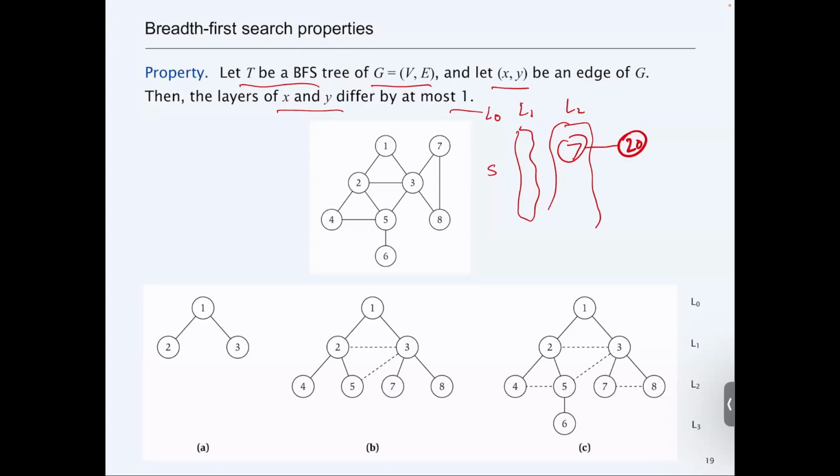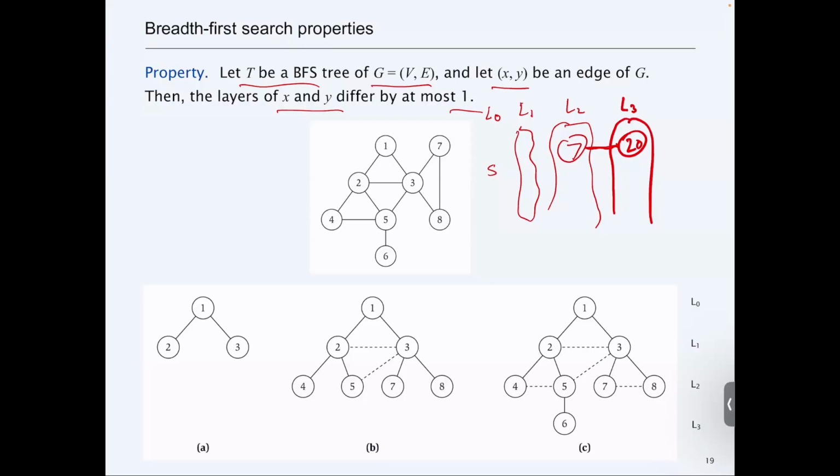Well, the answer to that is no, because breadth first search is going to look at all of the neighbors of 7 and say, if we haven't yet visited 20, well, then it's going to end up in L3. So if there's an edge that's directly connecting them, they can only be one slot away.